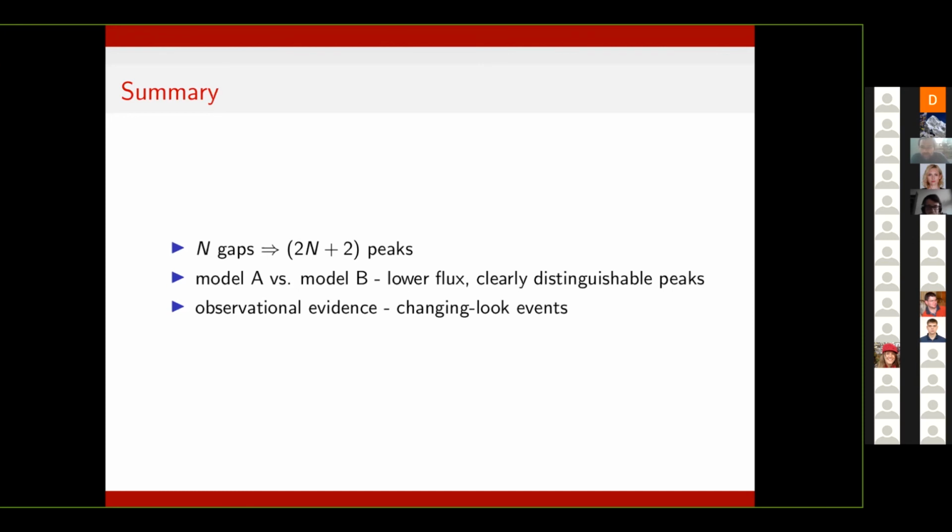Okay, John Miller would like to ask something. Okay, can you hear me? Yes. At the beginning of the talk, you said that the star on the inclined orbit is creating a gap in the accretion disk if the sphere of influence of the star is bigger than the disk height.